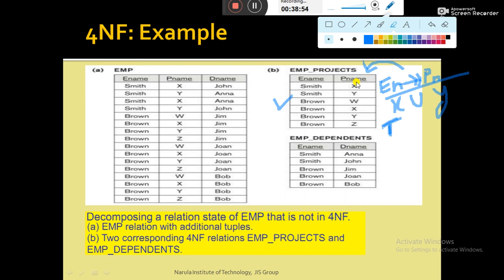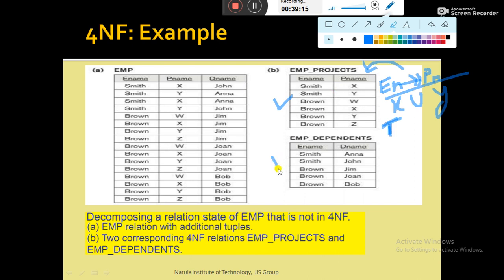But if a relation has a non-trivial multivalued dependency, then we have to check whether X is a super key or not. If X is a super key, then also relation R is in 4NF. But if a relation has a trivial dependency, then we don't have to check whether X is a super key or not. Straight away we can say that relation R is in 4NF.